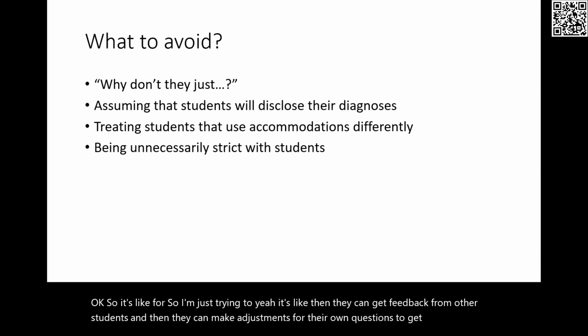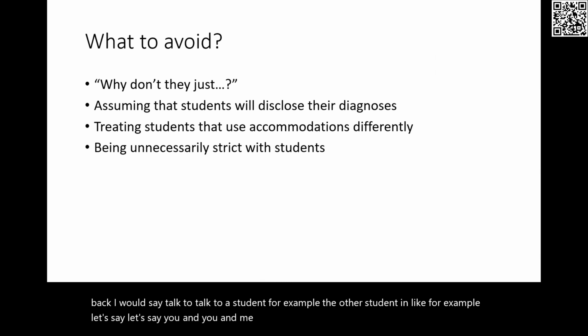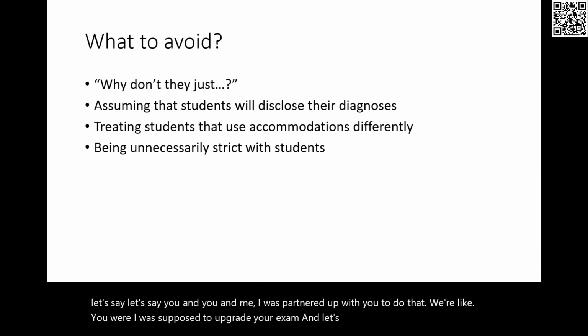I would say talk to the other student. For example, let's say you and me, I was partnered with you and I was supposed to grade your exam, and let's say you had to turn it in late.